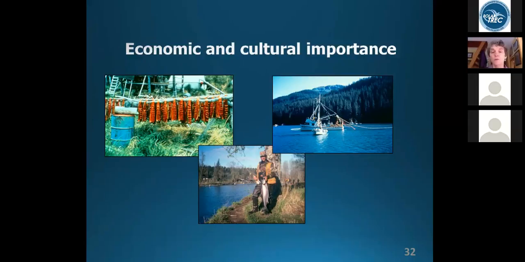Also, sport fishing brings in millions of dollars to the state. And I think it's very important, too, to think about the cultural significance of salmon. The native people in the state have been using this important food source for thousands of years. And hopefully, if we keep our salmon healthy, that'll continue well into the future.